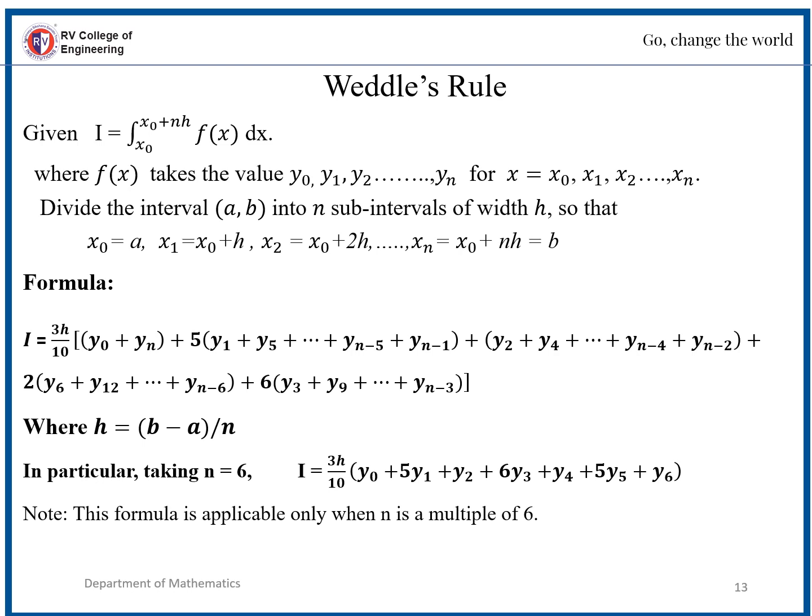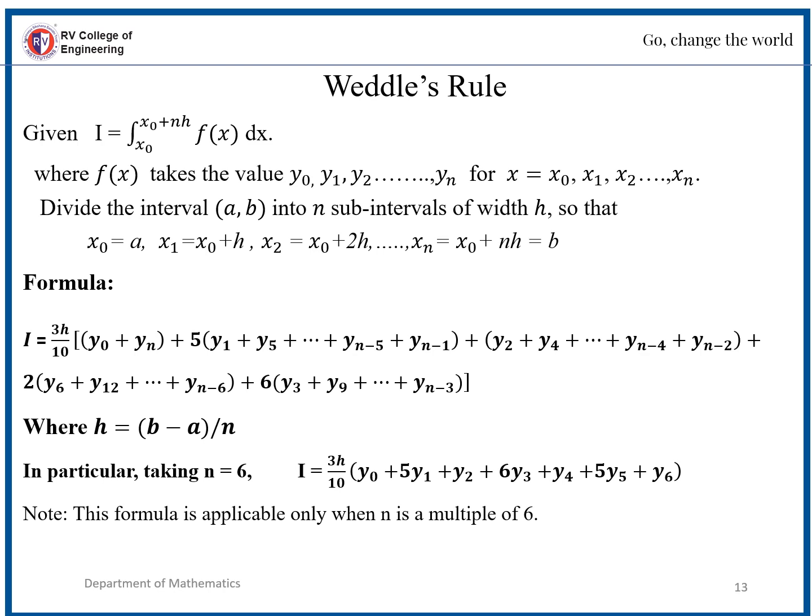So what we do here is, let me say that you have n equal to 6. That is, you have only 7 values. You have subdivided the interval into 6 equal parts. In that case, the formula would be I is equal to 3h divided by 10 times of y0 plus 5y1 plus y2 plus 6y3 plus y4 plus 5y5 plus y6. So look at the pattern.